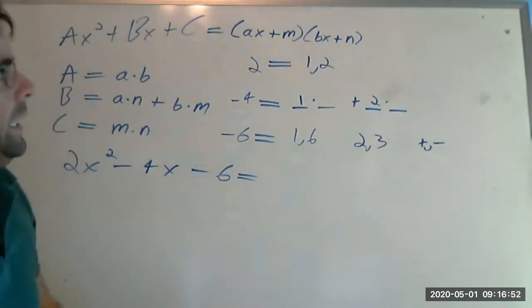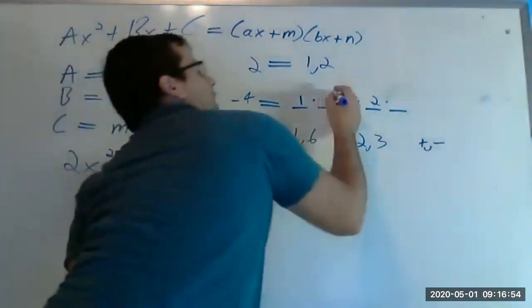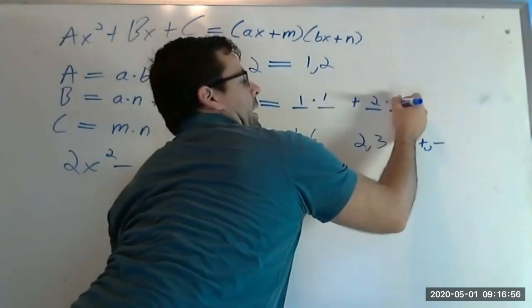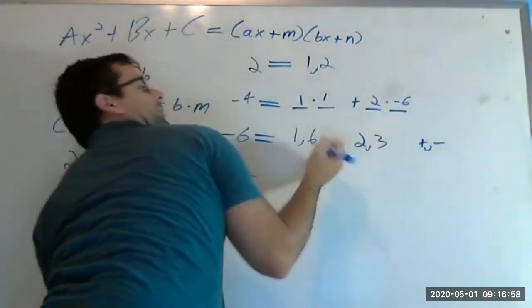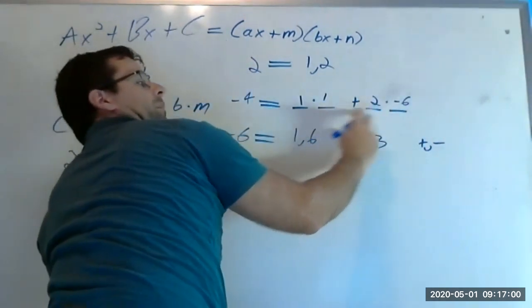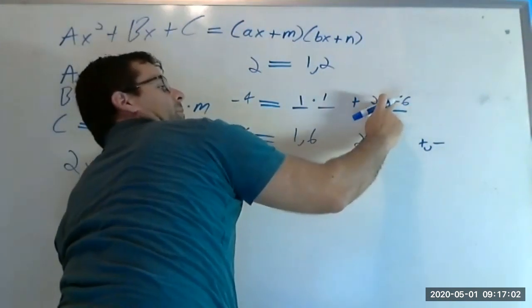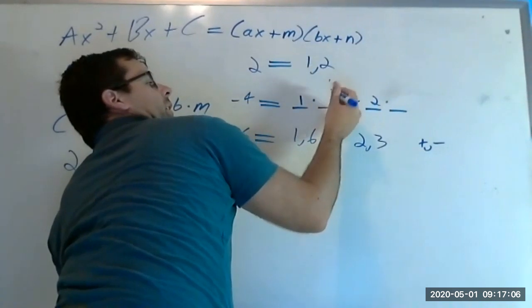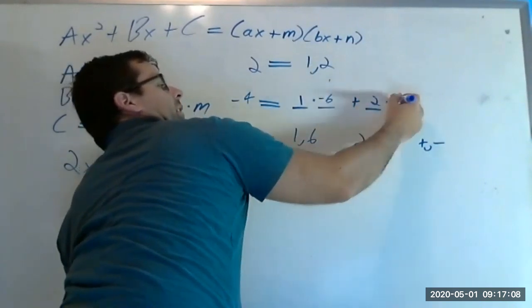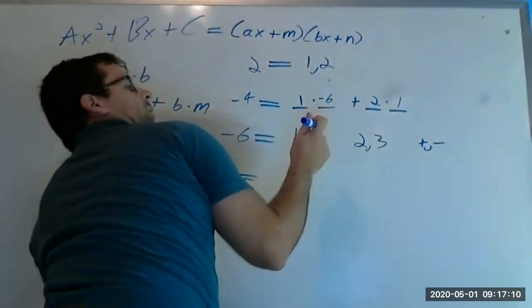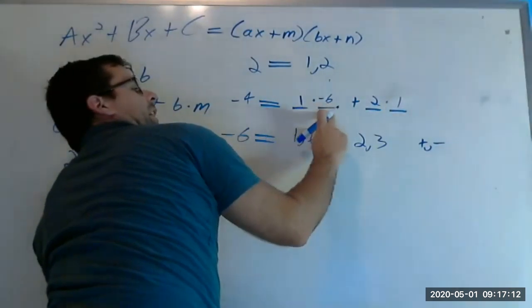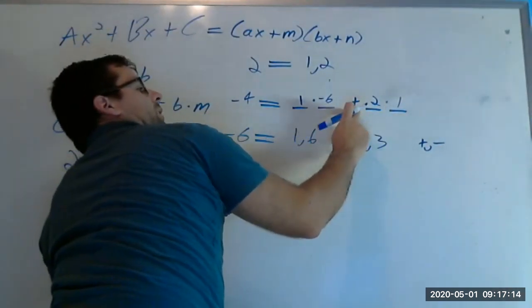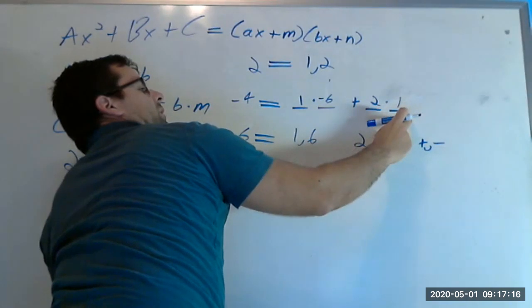So we could try 1 and -6. So this is 1 minus 12. That's not right. So we could try -6 and 1, which is -6 plus 2.